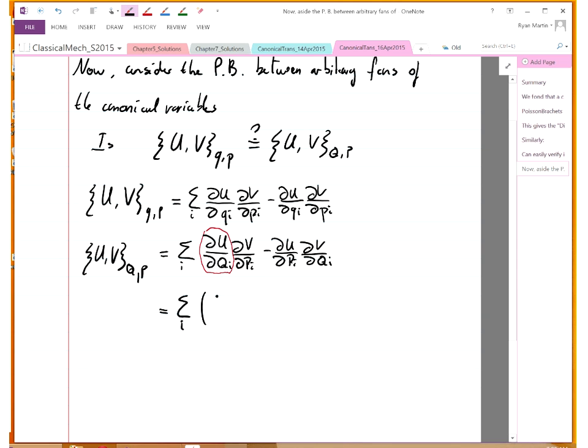Okay? So if I break that term up using the chain rule, I have to use a new index. So it's going to be the sum over J. So it's ∂U by ∂Q_I.